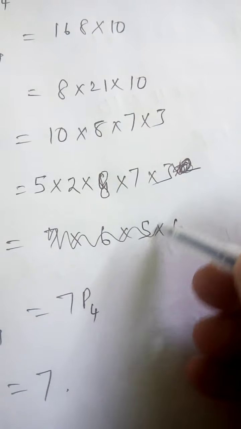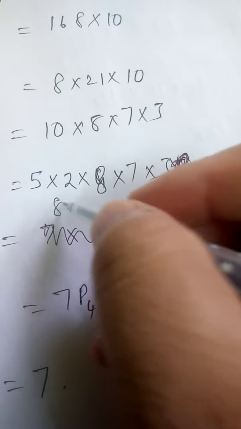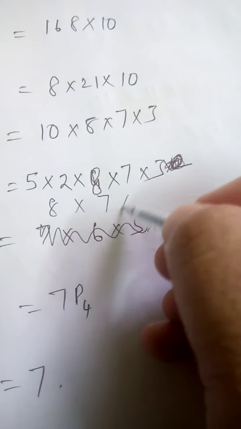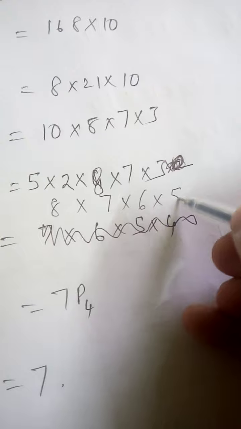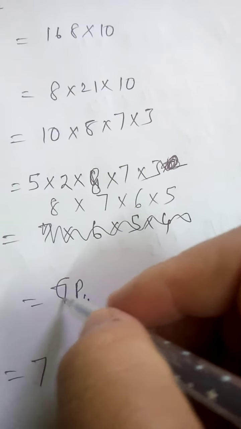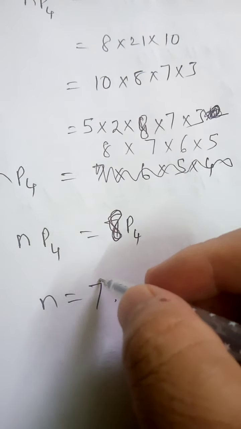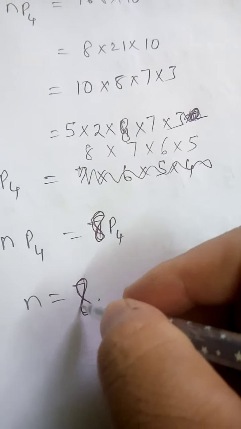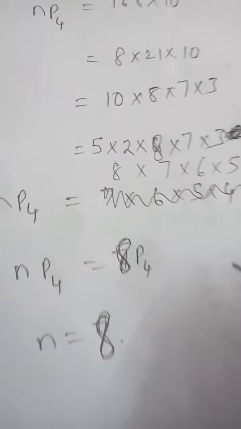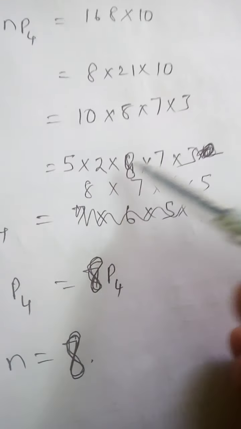Actually it should be like this: 8 into 7 into 6 into 5. So it's not 7P4, it should be 8P4. 8P4 means n must be 8. So 8 into 7 into 6 into 5. So n is equal to 8.